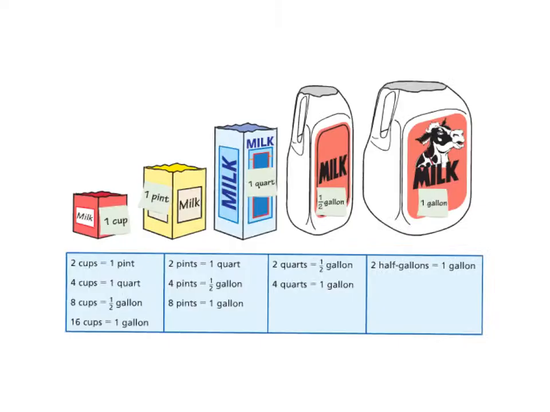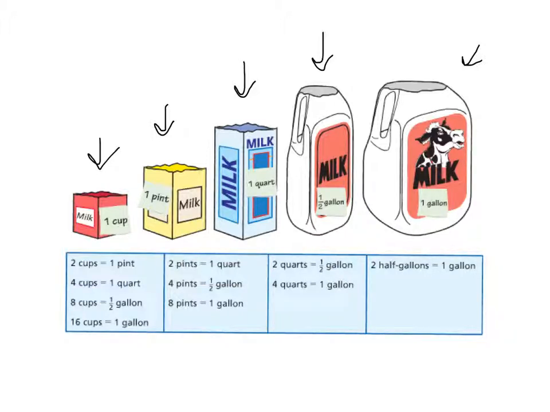So first thing, let's look at all these. We start with our biggest, which is a gallon, okay? Then we've got that smaller milk, which is a half gallon. And then we've got the quart, which you can actually get if you get the cardboard containers of milk. Then we've got a pint of milk, which is a little bigger. And then a cup of milk would be like what you get at lunch.